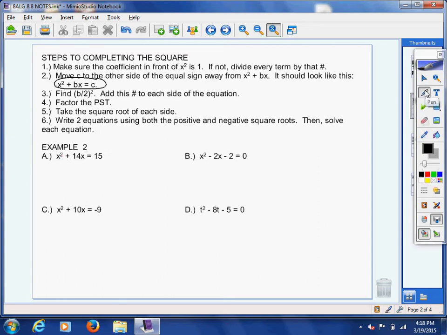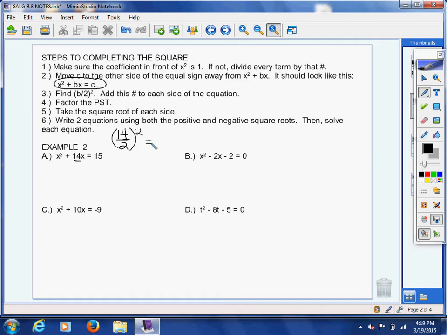Now, step 3, this is what we did in example 1. You're going to take b. In this case, b is the number in front of your x term, 14. You're going to take 14 and you're going to divide it by 2 and then square it.